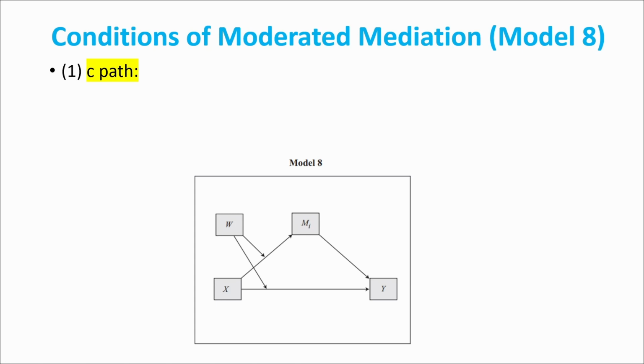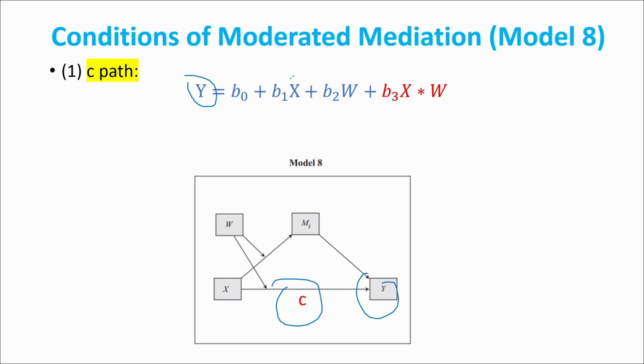It's called C path. So the C path is this path. For the C path, we can write a regression model. The first is Y, the X, and then the moderator W, and then the interaction.